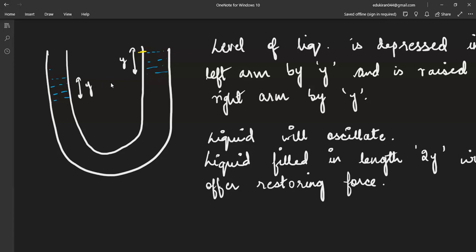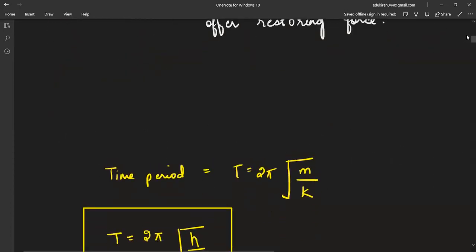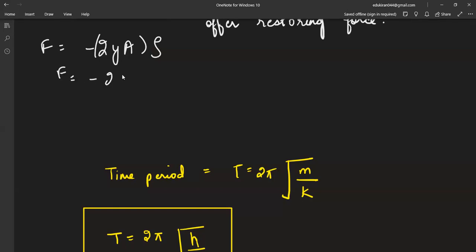Liquid is filled in the length 2y, which offers the restoring force. So when we are talking about the restoring force, we will not be just talking about it as y. F is equal to minus 2y A into rho. Why 2y? I have told you. Understood? So F is equal to minus 2a.